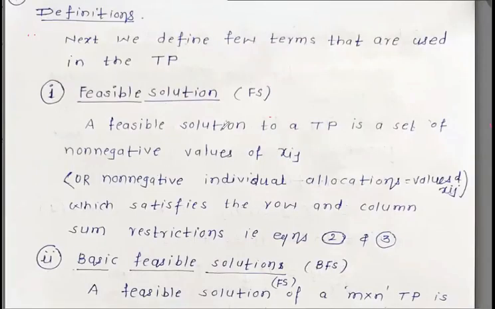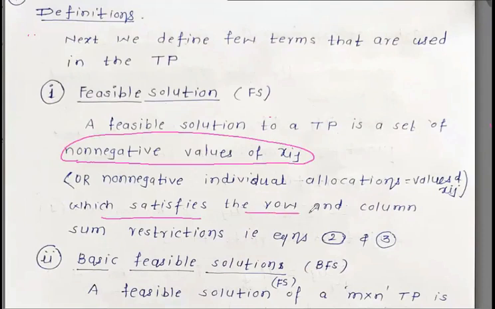So a feasible solution to a transportation problem is a set of non-negative values of Xij which satisfies the row and column sum restrictions, that is, equations 2 and 3 in the mathematical formulation of the transportation problem.